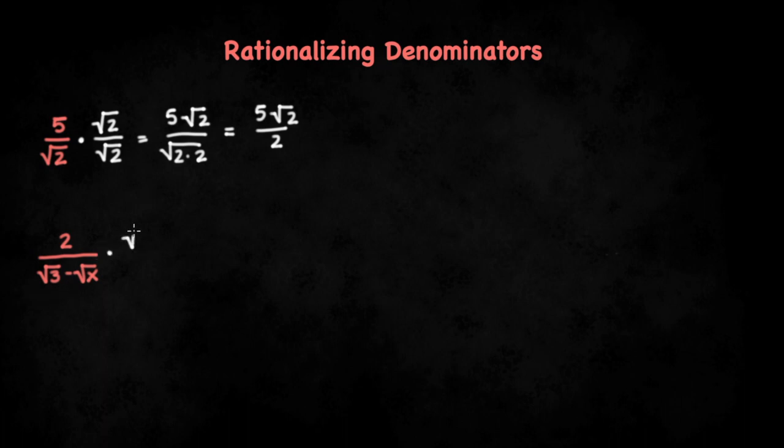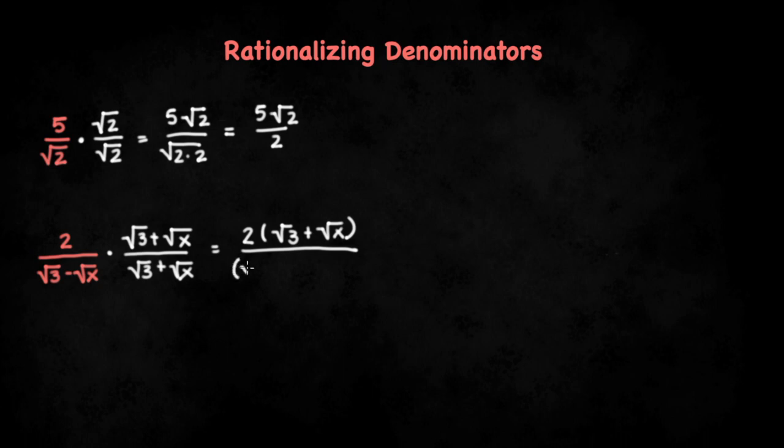Multiply both the top and bottom by the conjugate, to get 2 times the square root of 3 plus the square root of x, over the square root of 3 minus the square root of x times the square root of 3 plus the square root of x.